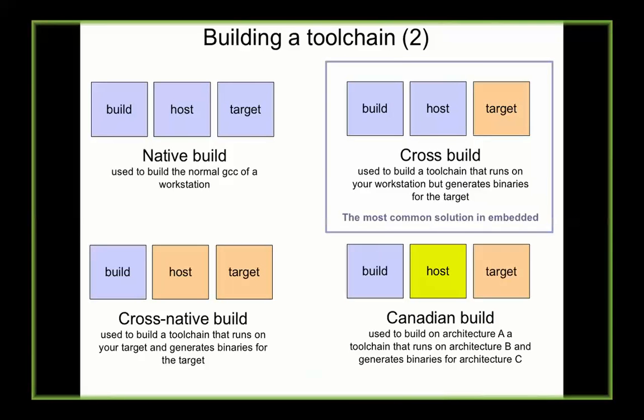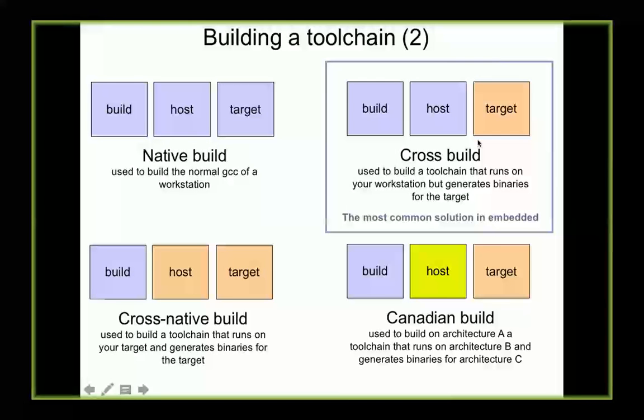Now going forward, to understand application development, we have several builds, and as I already explained, the cross build is the most important environment in embedded. So what we do is use a host.